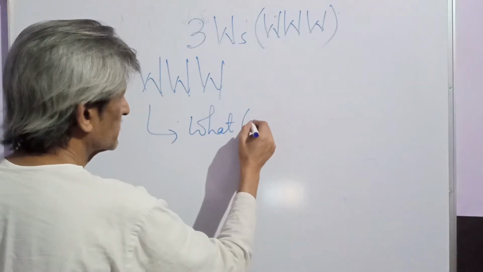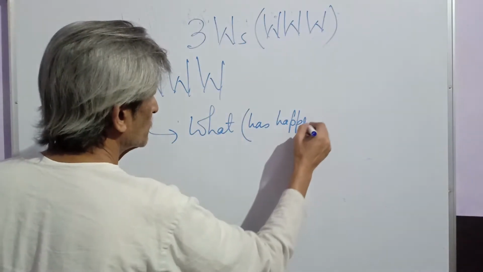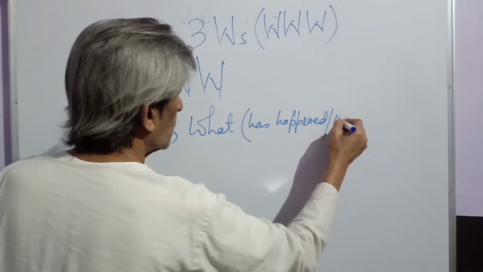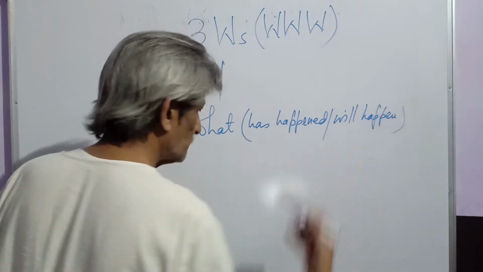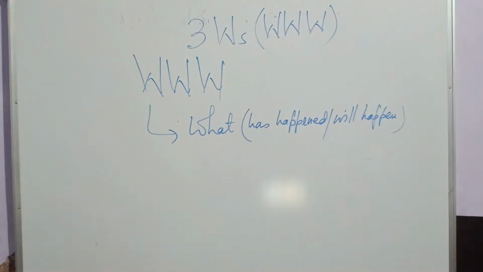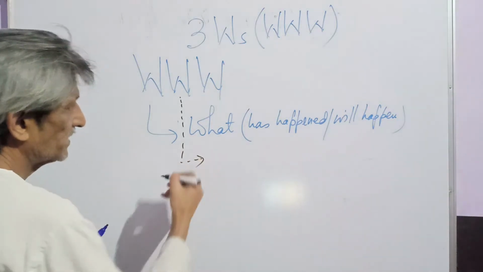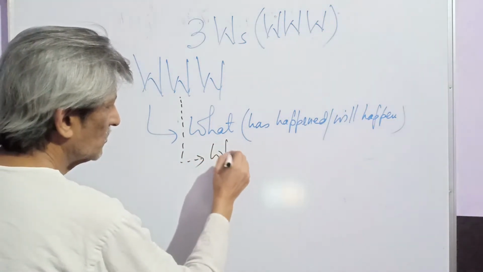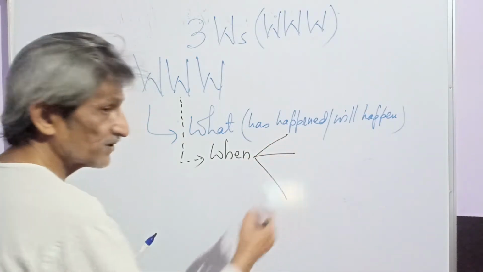what, that is, what has happened or will happen. The second W stands for when, and when is divided into 3 parts.